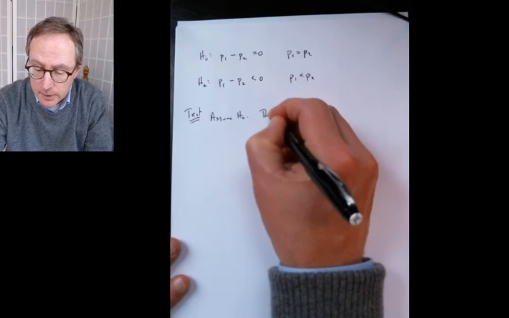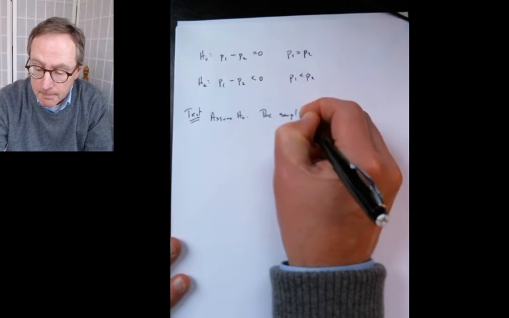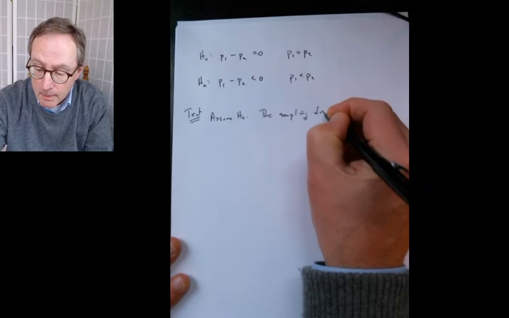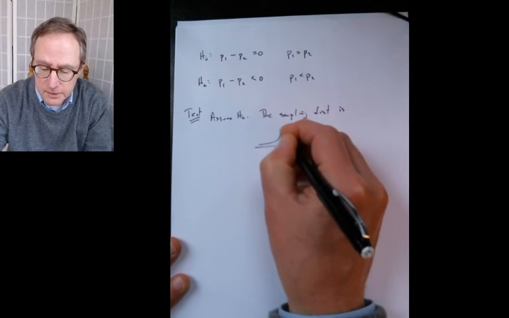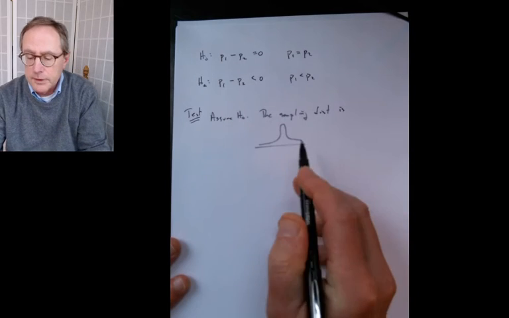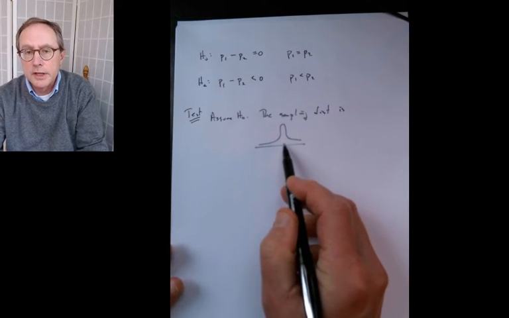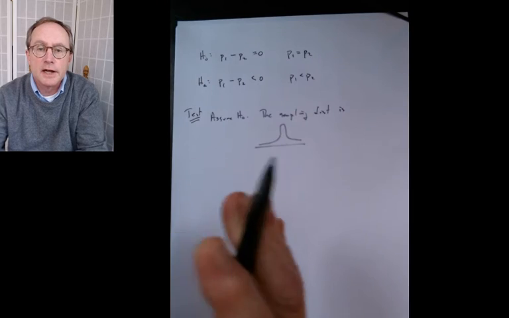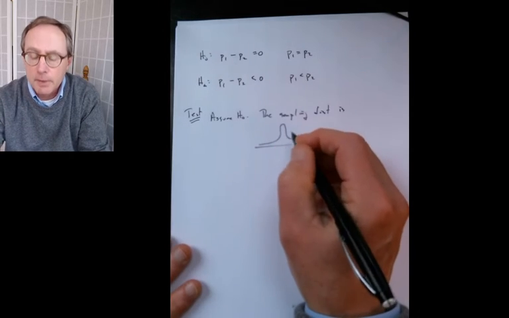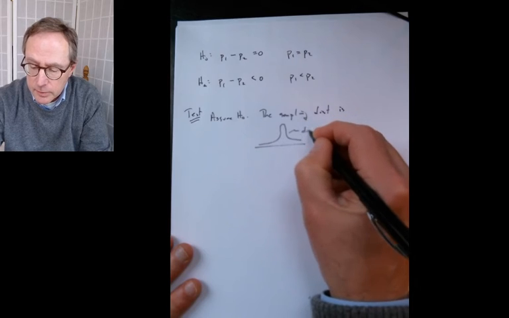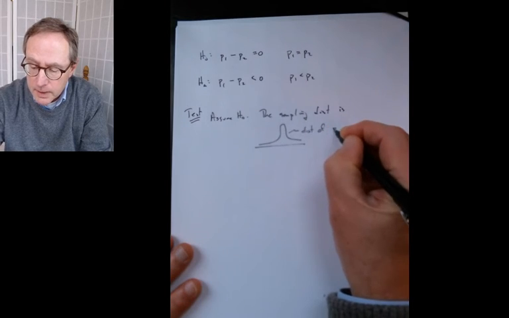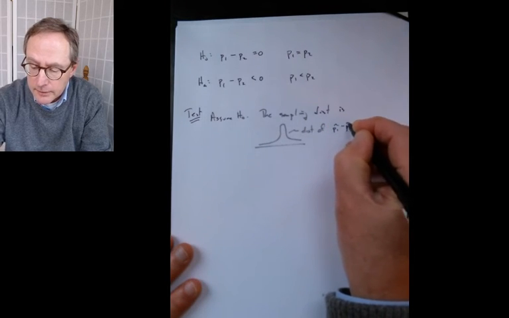So then the sampling distribution is this. They always look the same way. Sampling distributions are always narrower than the underlying distribution, so I draw it as an exaggeratedly tall and skinny bump. And let's see, what is it again? It's the distribution of P1 hat minus P2 hats.